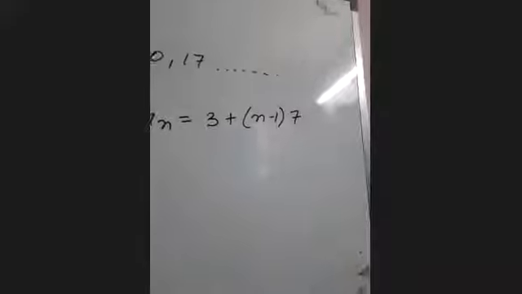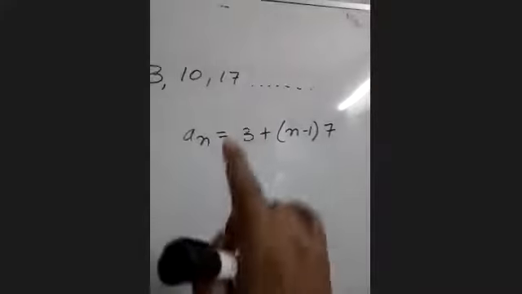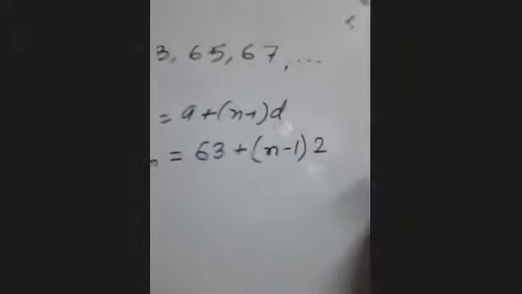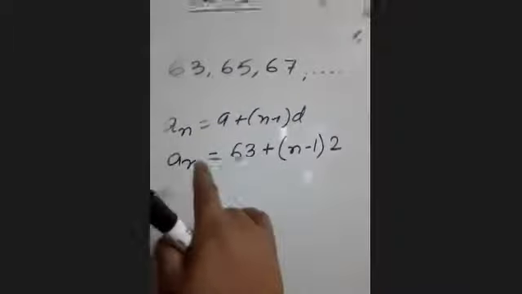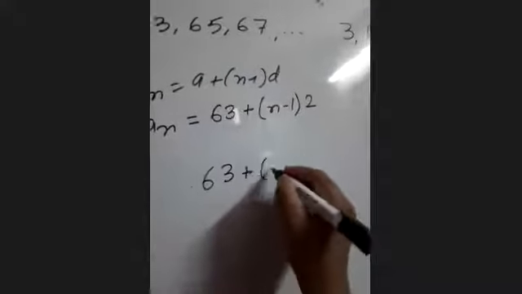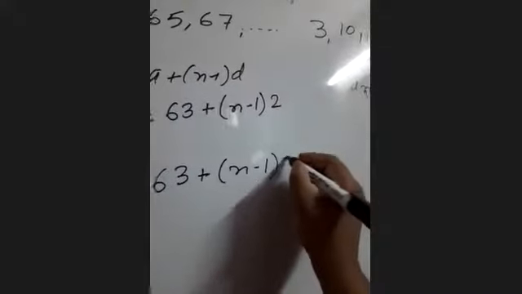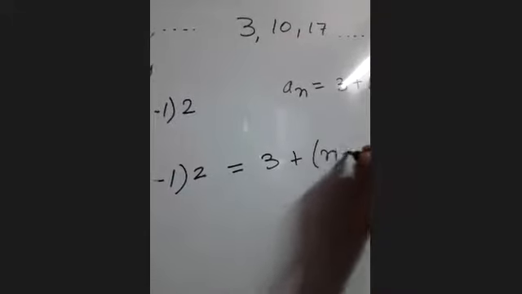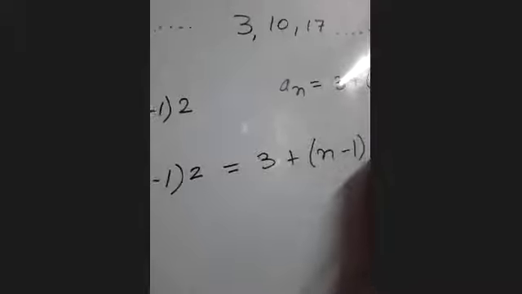Now the question says that there is a term which is common in both the APs. So an of both is the same, and we put these terms against each other. That will be 63 plus n minus 1 into 2 equals 3 plus n minus 1 into 7, because both the ans are the same.